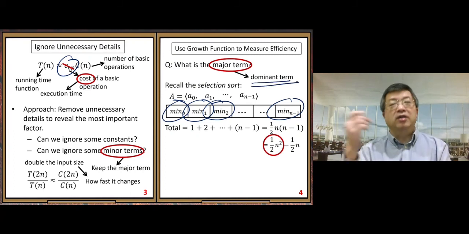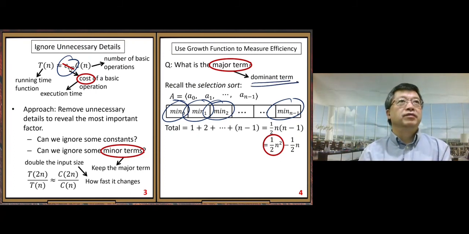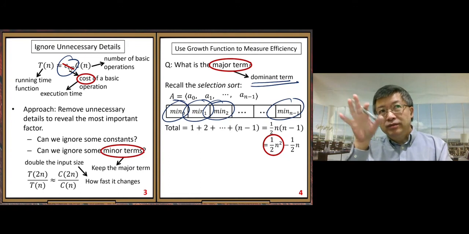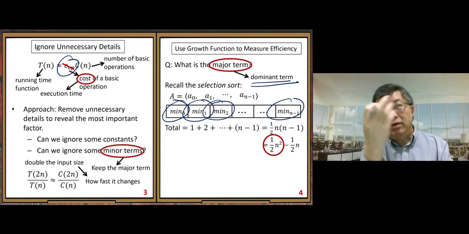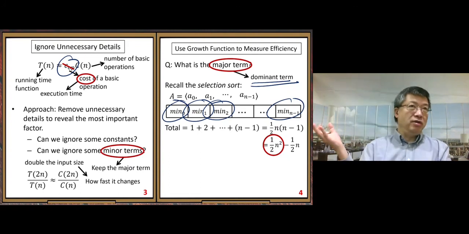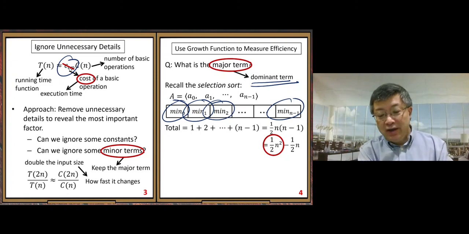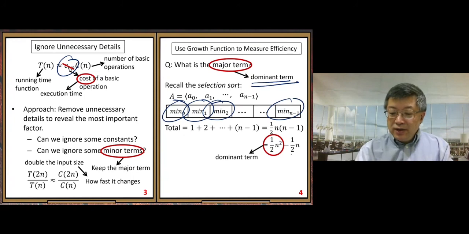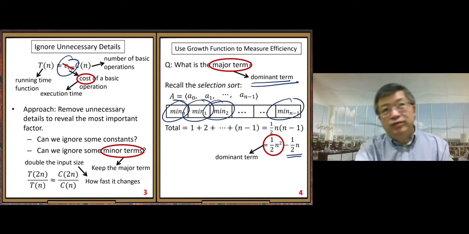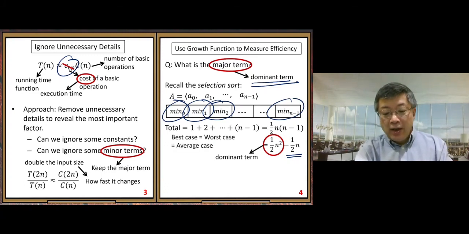This is the dominant term: the N squared term, the major part, the major term, the dominant term. The second one, the minor term, we can ignore without much problem.